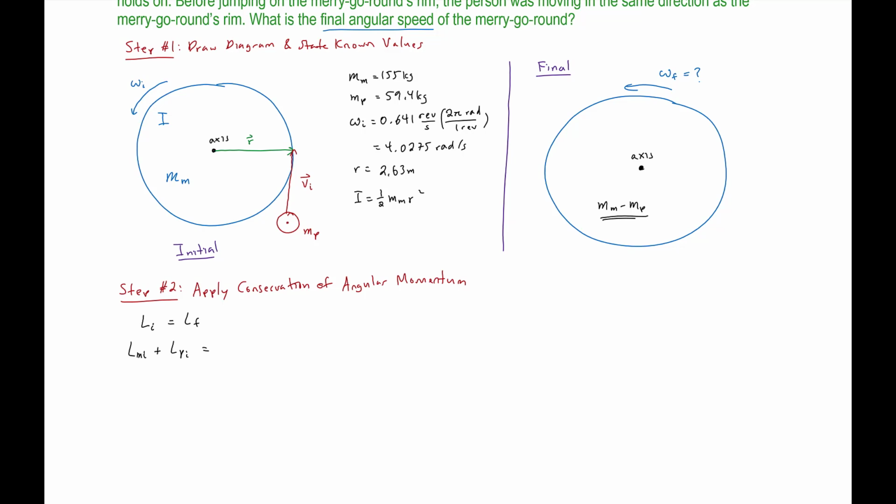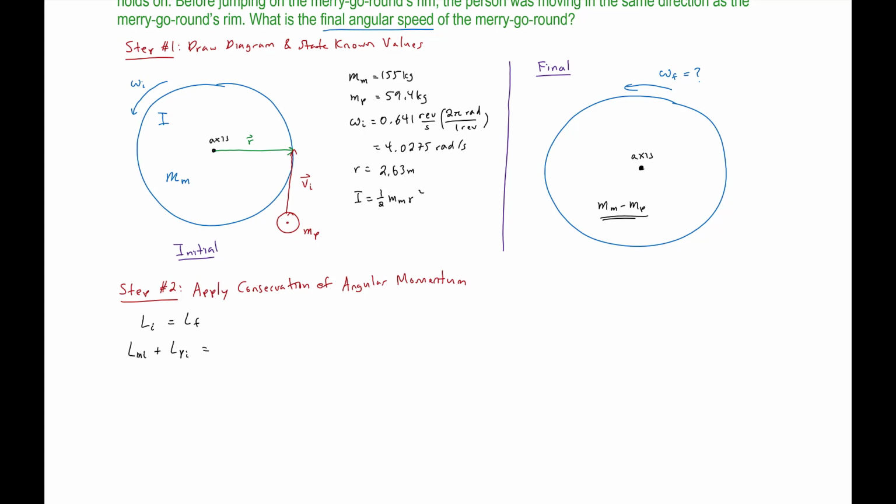We'll leave the final angular momentum for later, and we'll look at just the initial part now. The angular momentum of the person, we don't have angular values for this, but rather linear, so we have to use the linear definition of angular momentum, which is L equals r m v sine theta.